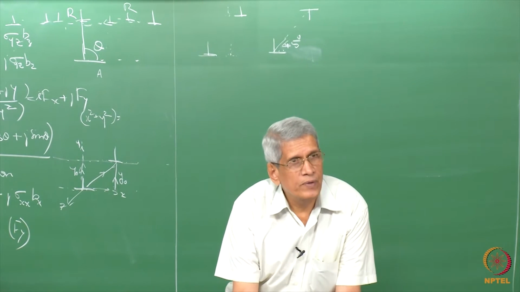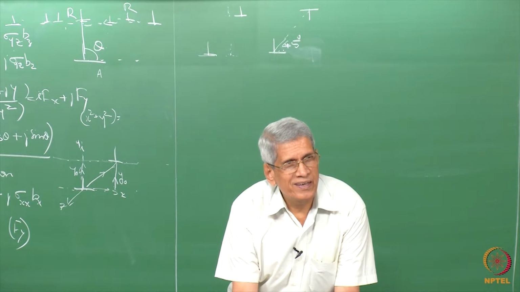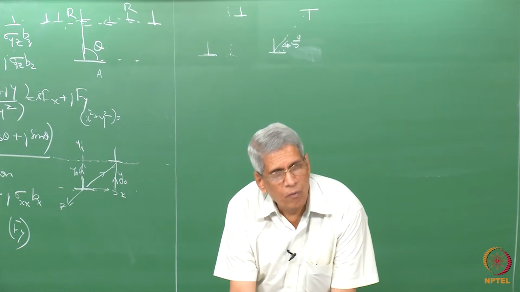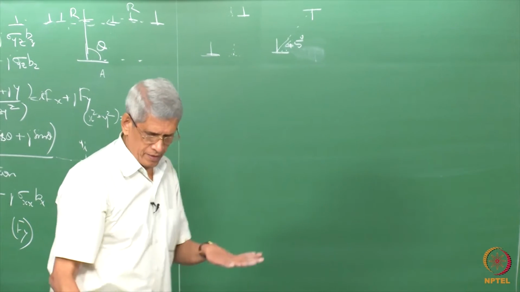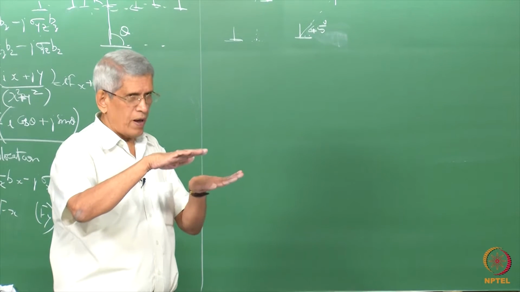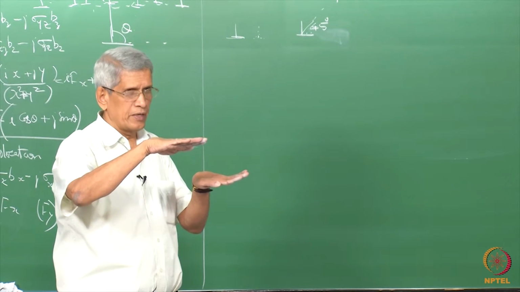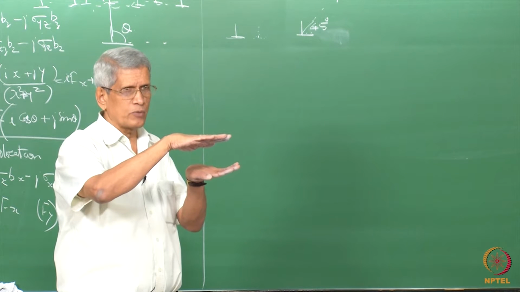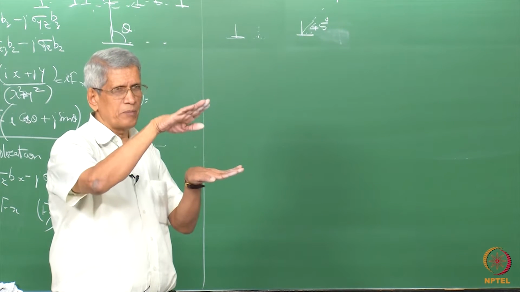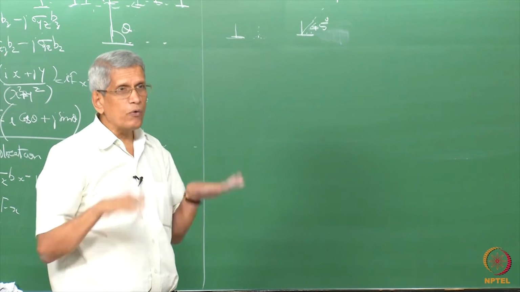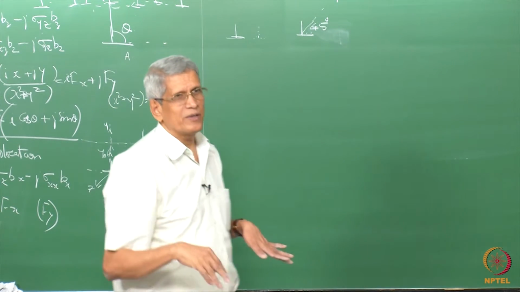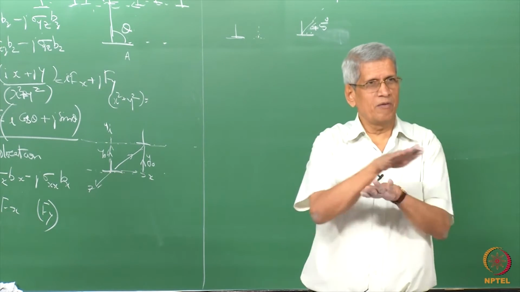So they will try to remain in that configuration. What is essentially going to happen is that the positive edge dislocation and negative edge dislocation get attracted, so they will try to come together. At some position the force is at a minimum, and that is the configuration they try to reach. Now if the dislocation has to move, both of them have to move together. They will not be able to move independently.